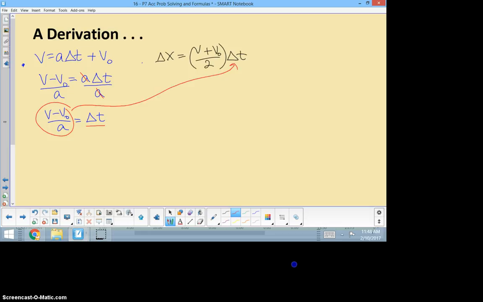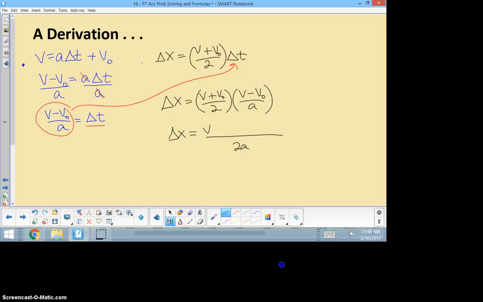And what we're doing now is we're getting rid of any time in the equation. So (v plus v0) over 2 times (v minus v0) over a. And I'm going to do a little bit of algebra. I'm going to start off with the denominators. 2 times a is 2a. Now the numerators, I've got to FOIL this.